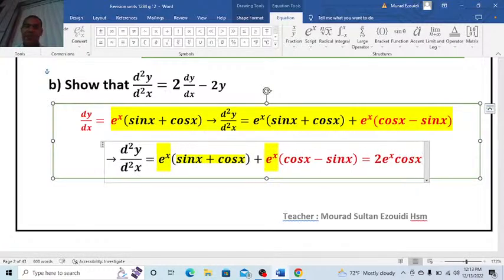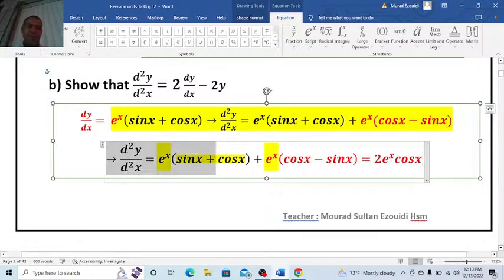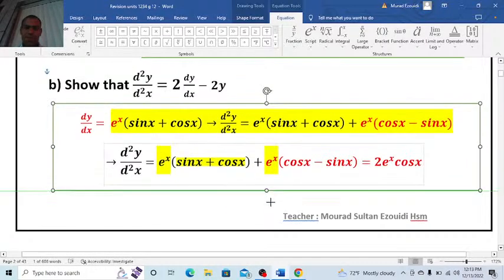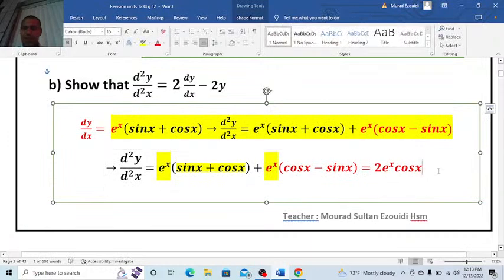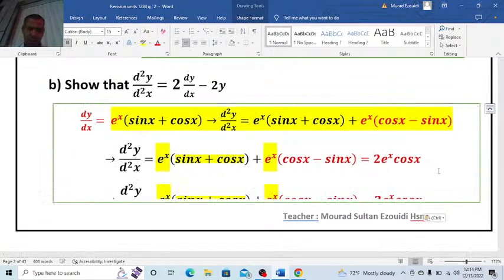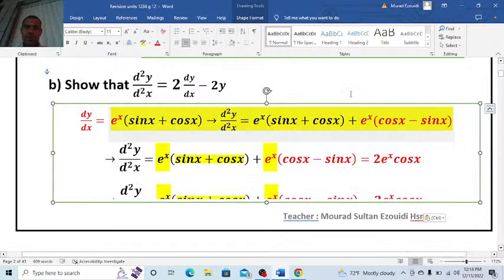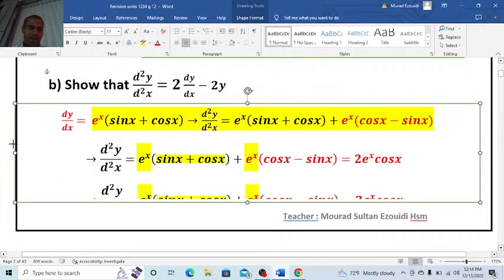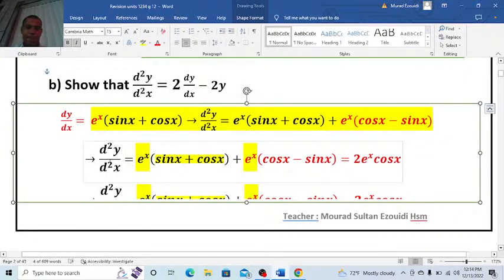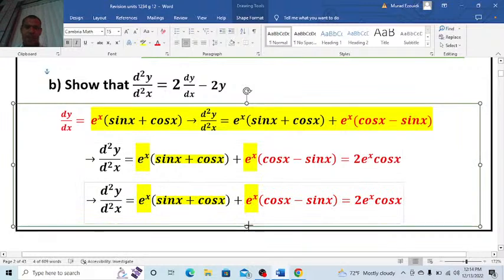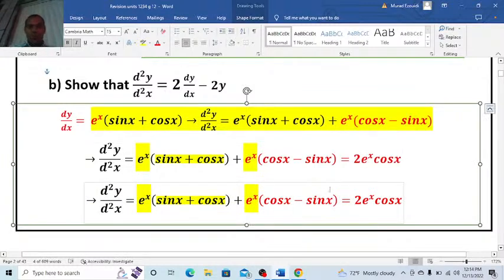So now I differentiate my function. I will write this again here.